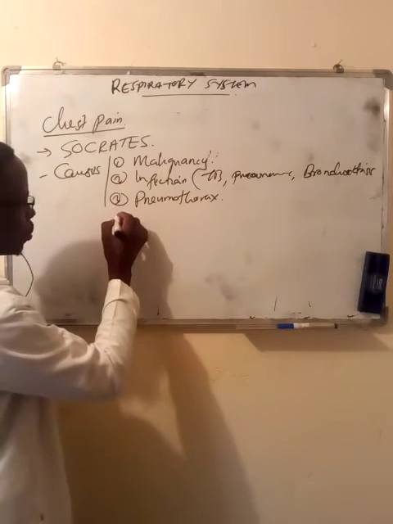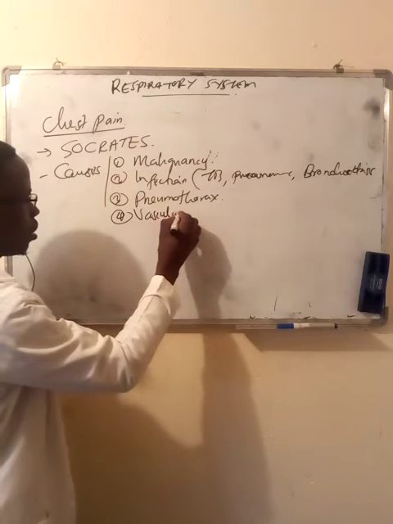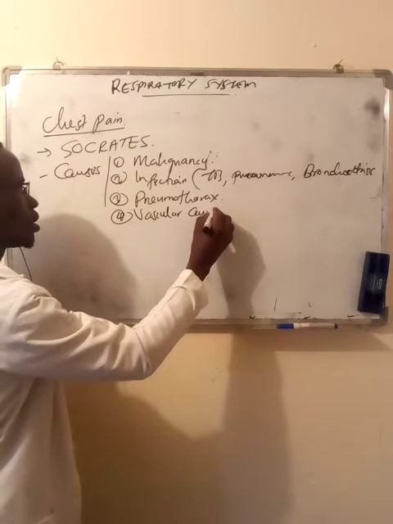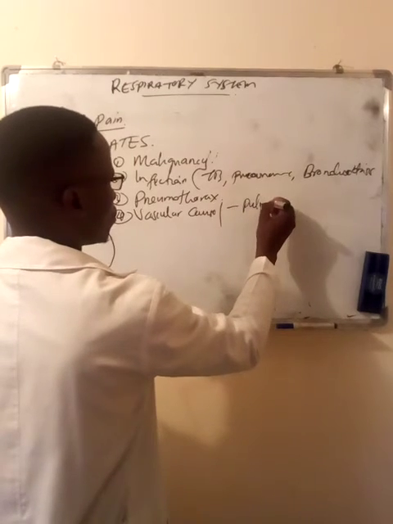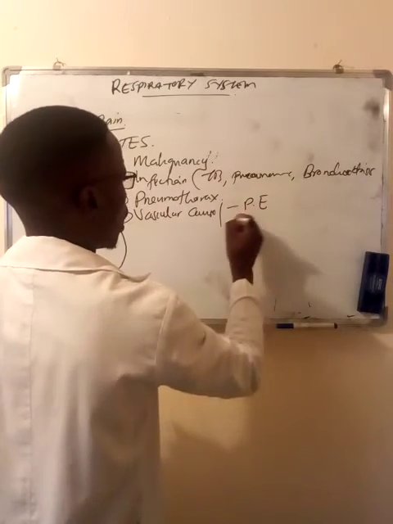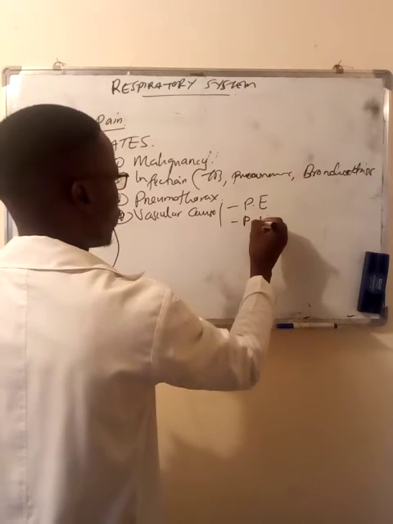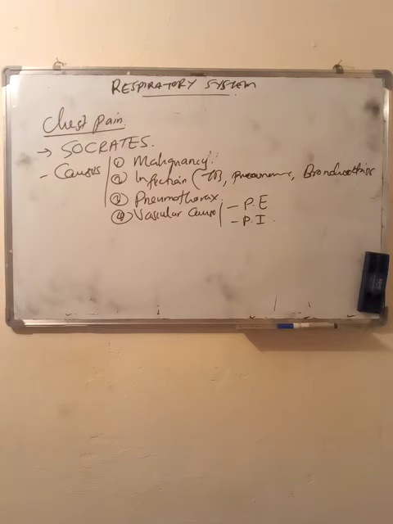Pneumothorax. And then also vascular causes, such as pulmonary embolism, as well as pulmonary infarction. Pulmonary embolism and pulmonary infarction are going to cause chest pain.